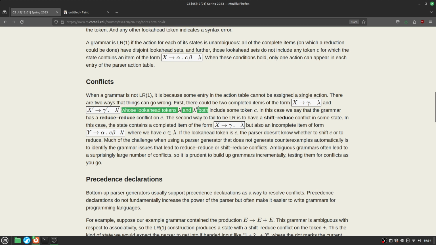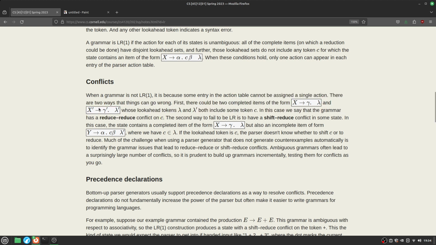These look-ahead tokens both include some token C. In this case, we say that the grammar has a reduce conflict on C. I don't understand. I would need to see an example of a reduce conflict.